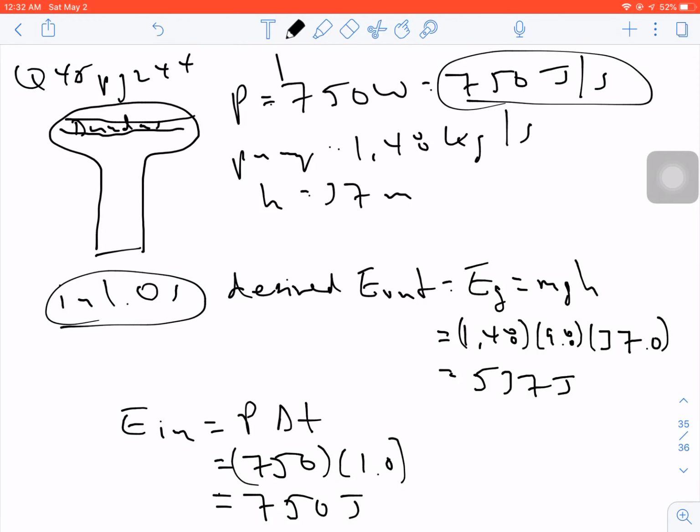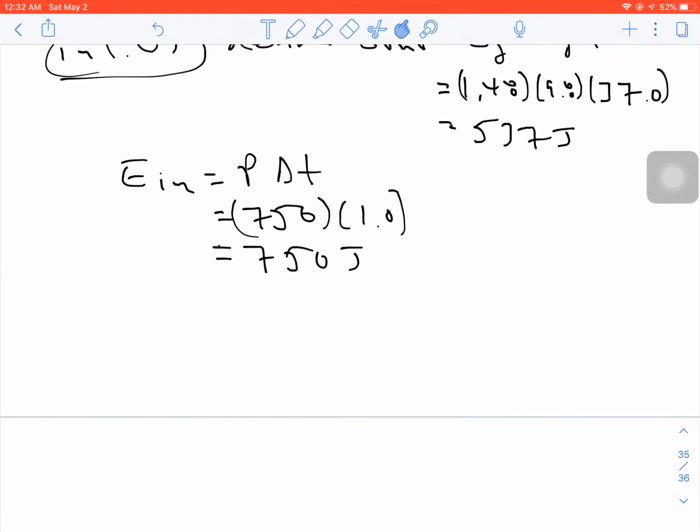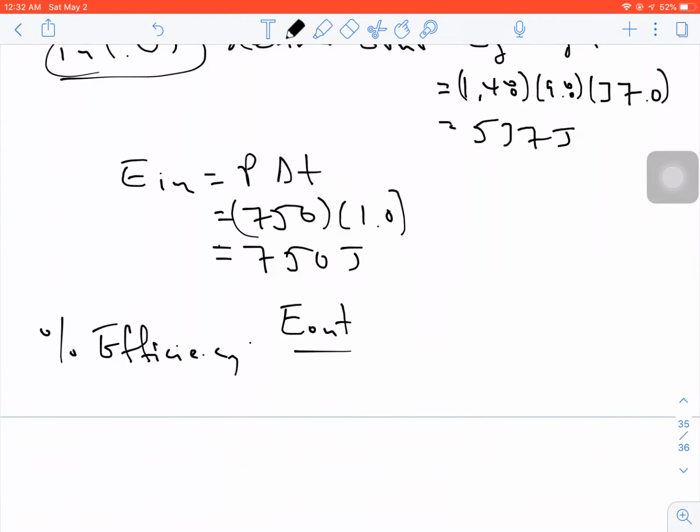So now I know my energy in and I know my energy out. I can calculate my efficiency for this pump. So the efficiency percent is desired energy out divided by my energy input times 100.